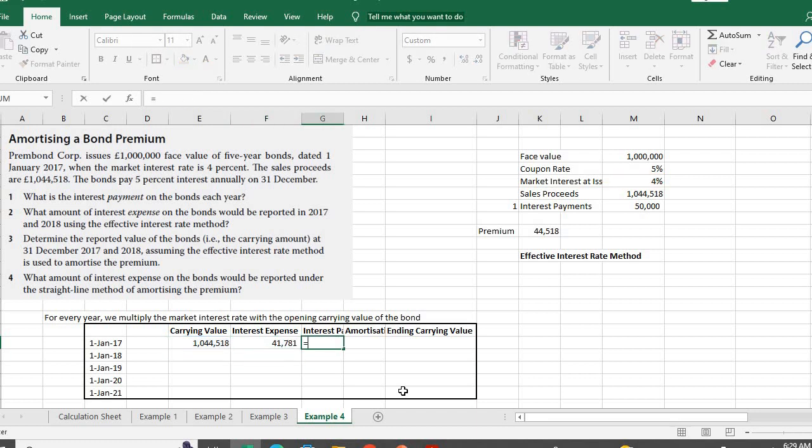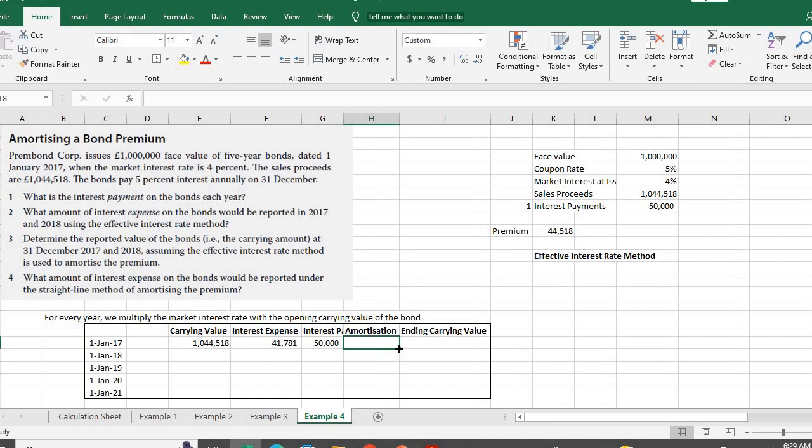And the interest payment on this bond will be obviously the coupon rate times the face value, 50,000. So amortization of premium would be the amount by which your carrying value is going to come down, which is 8,219.